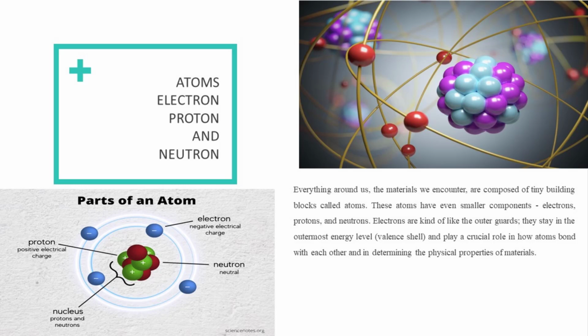Electrons, which you can think of as the vigilant outer guards, reside in the energy levels or shells surrounding the nucleus. They are crucial because they determine how atoms interact and bond with one another, thereby influencing the material's physical properties. This slide sets the stage for understanding how these subatomic pieces come together to form the matter around us.